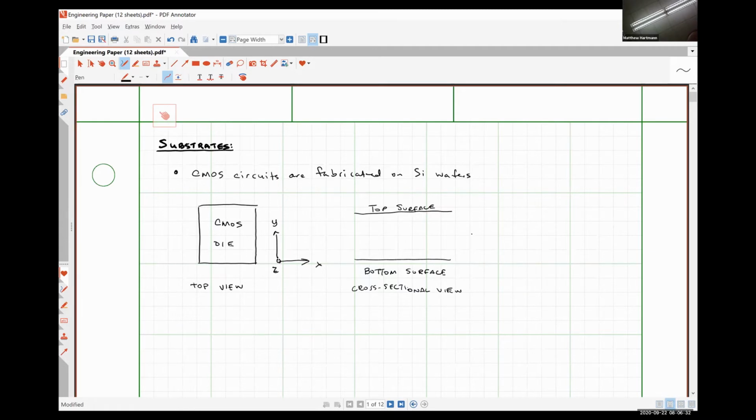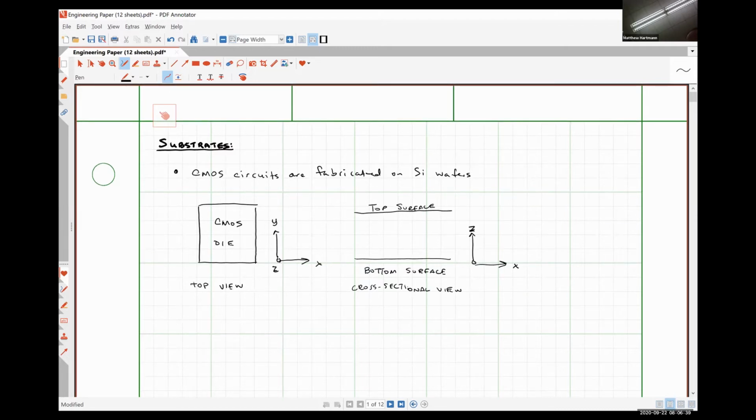Our coordinate system in this case is X and Z, and the y-axis is the one directed out of the page. We're going to be looking at some pictures like this pretty shortly.